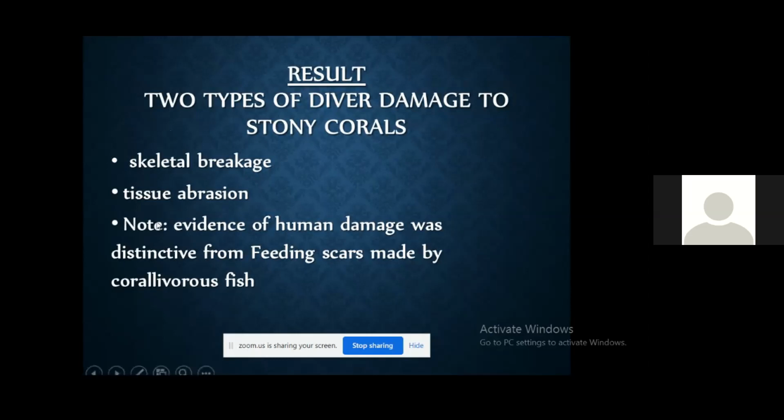In order to determine whether this type of damage was caused by humans, there was evidence of fabric threads and paint scraping on the coral branches. And in order to distinguish this from other damage caused by aquatic habitats, these fabric threads were collected and observed.